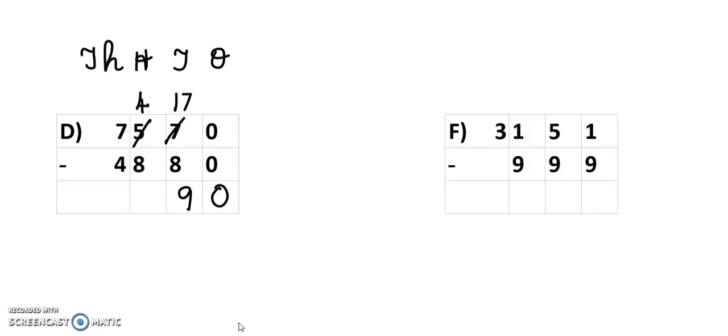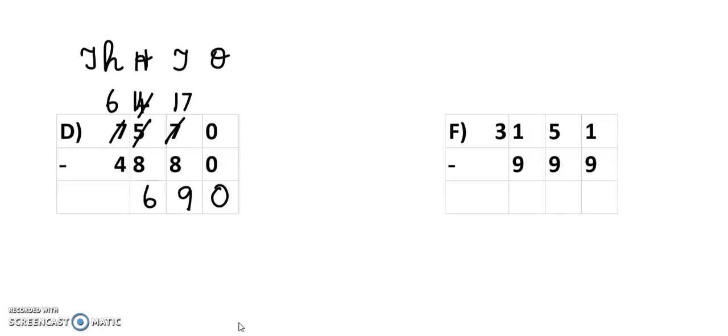Next, 4 minus 8. Again, we can't subtract from 4. So we have to borrow from the thousands place. So 7 becomes 6. Then 4 becomes 14. So 14 minus 8. 8 after: 9, 10, 11, 12, 13, 14. So what is the answer? 6.